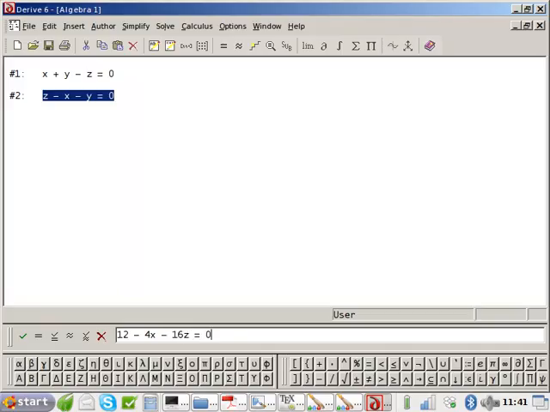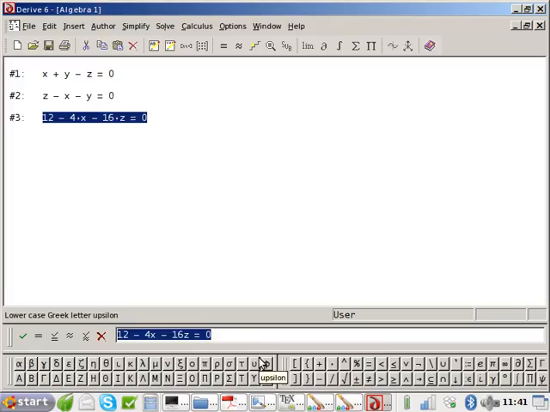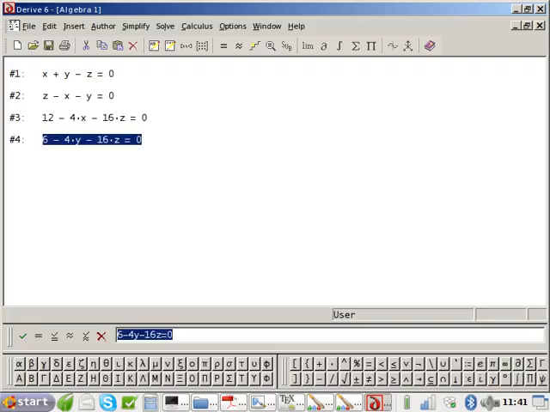Okay, who gave me the next equation? 6 minus 4y minus 16z equals 0. And you gave me the last one. What was it? 12 minus 4x plus 4y minus 6 equals 0.